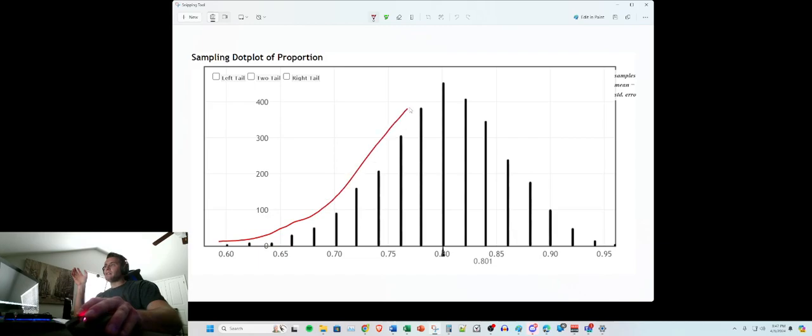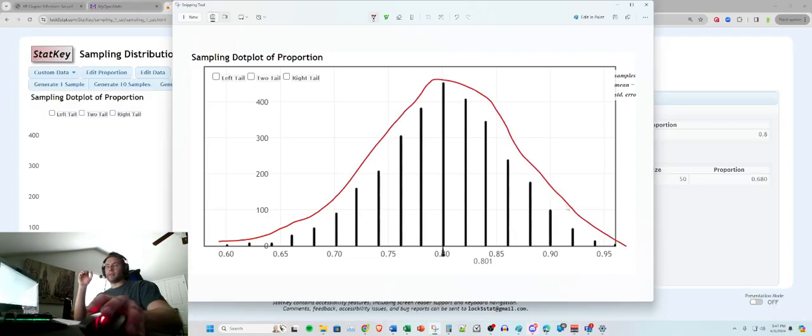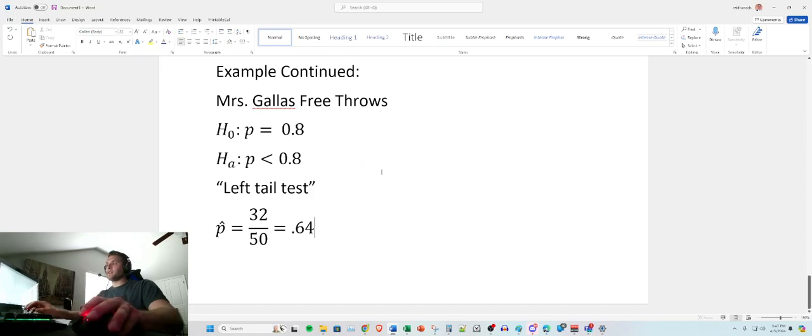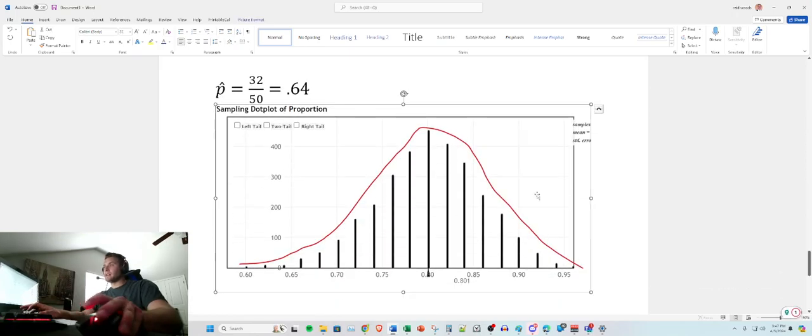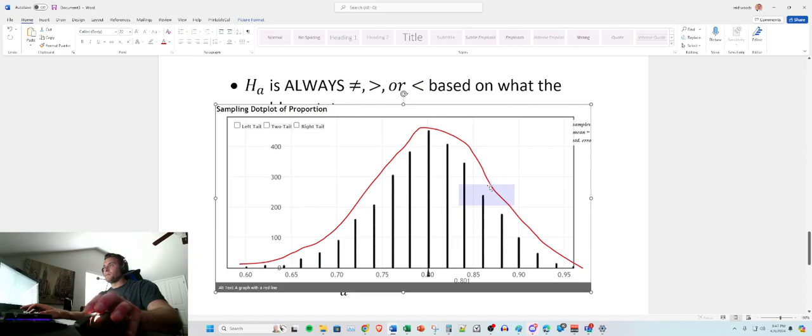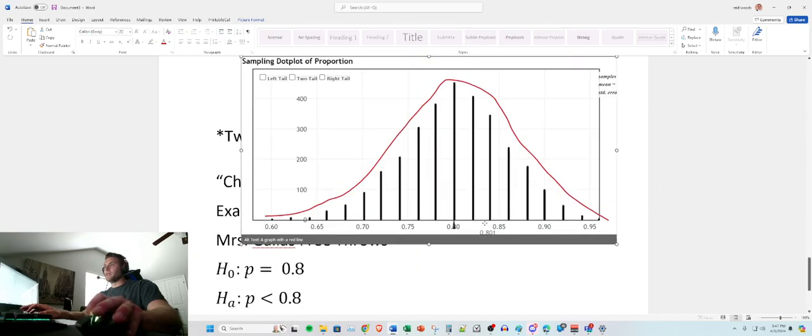You'll notice that the computer's acting crazy. It doesn't really look like it's a normal distribution. It doesn't look perfect, but we know how we can check to see if it is normal. I am going to take this and paste it into my notes. You guys don't have to do that yet. I'm going to move this down.